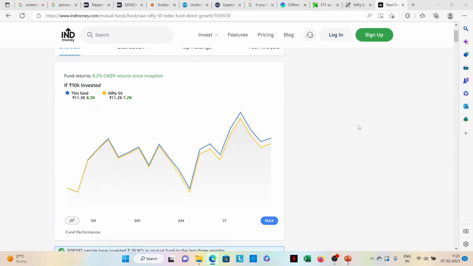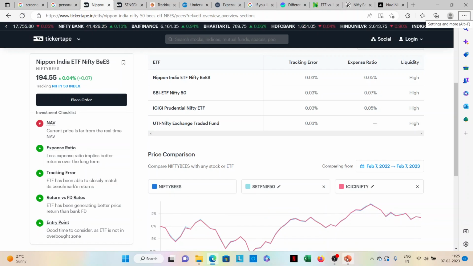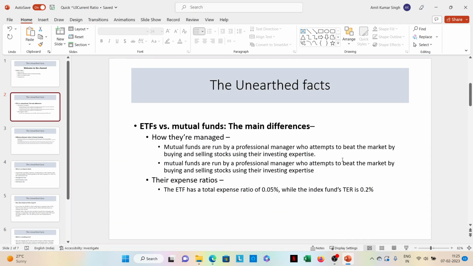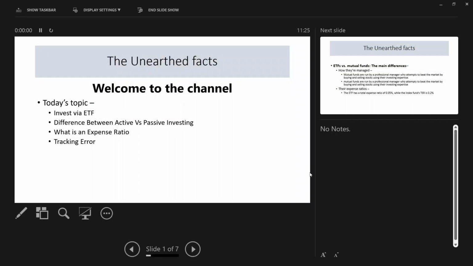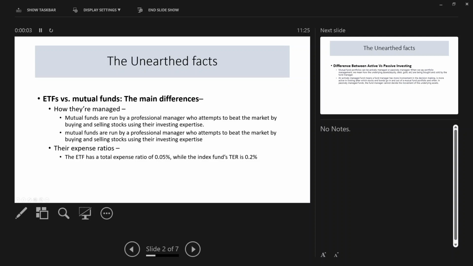We get back again to our slides here. There are a few key differences. Normally an ETF will have a lower expense ratio. What is the expense ratio? For example, you look at this one, 0.05, and the index fund, I think from Nippon or UTI, is where I picked up this number from.